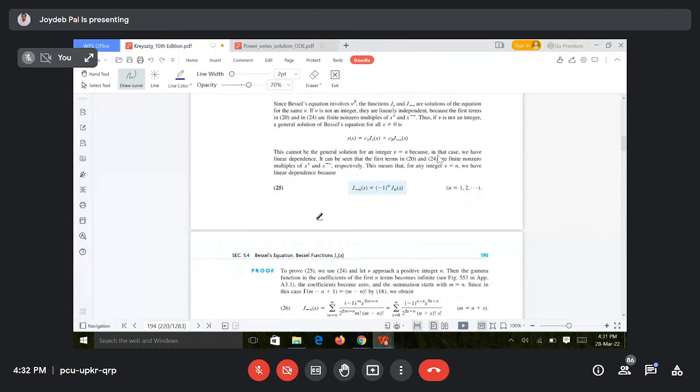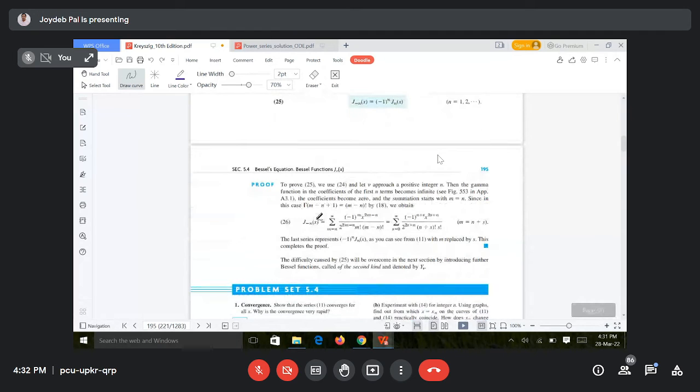The proof is given. Just this line: J of minus n to infinity, and then substituting m minus n is equal to s, we are getting the result. So the proof is there in your book.